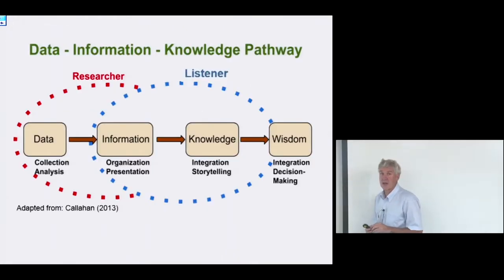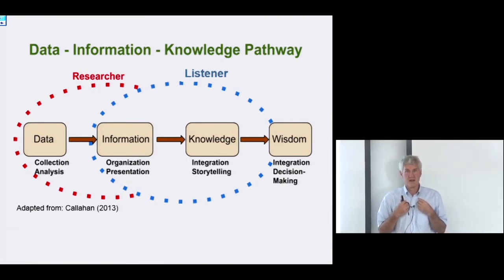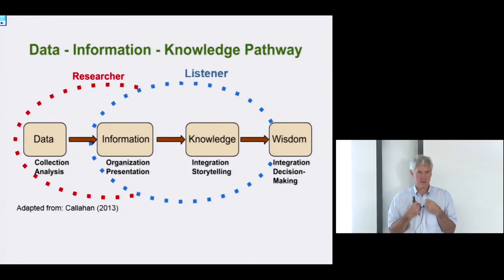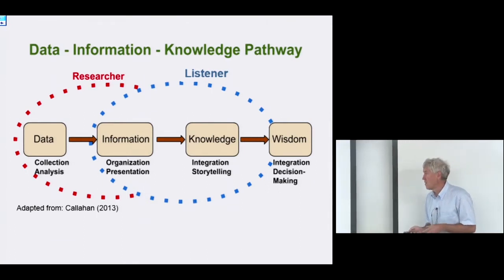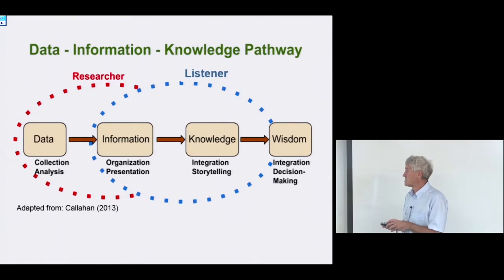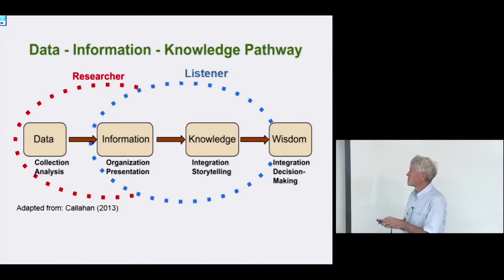And one other thing I'd like to emphasize is that communication is a two-way process. If your audience doesn't understand what you are saying, then it is not communication. So what you are trying to do when you are up here is trying to convert data which you are familiar with, which you have read in your paper, and then make it so that it becomes information or knowledge for your listener.